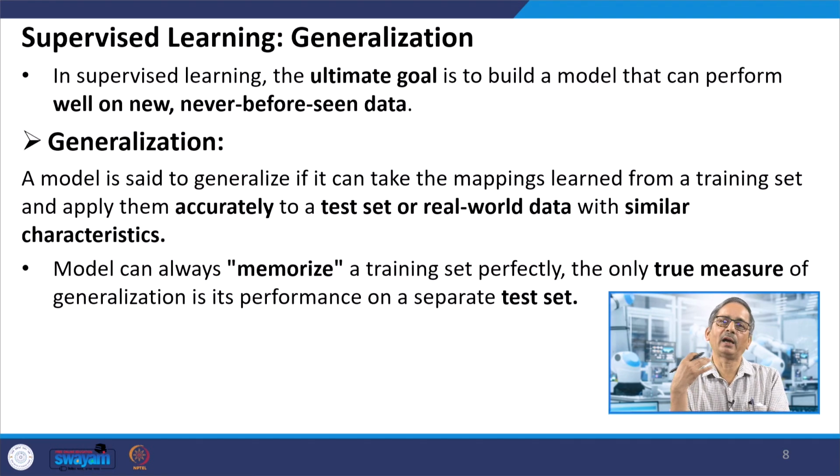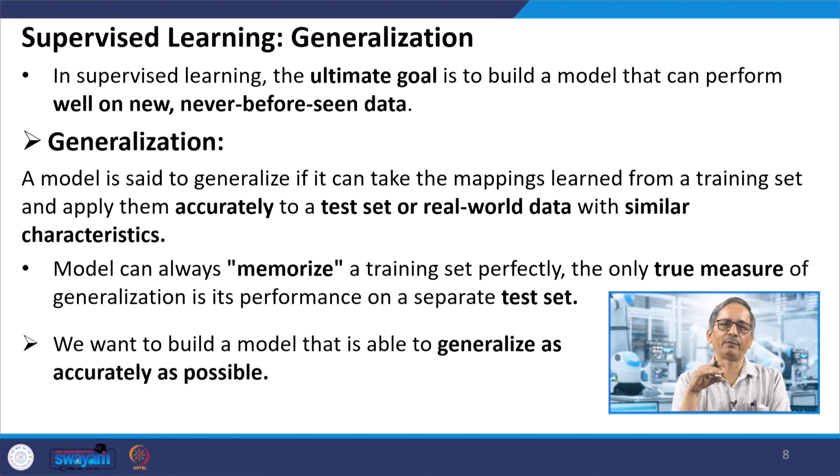The model can always memorize a training set perfectly. The only true measure of generalization is its performance on the test set. So, we want to build a model that is able to generalize as accurately as possible.